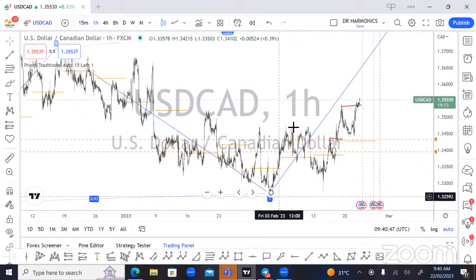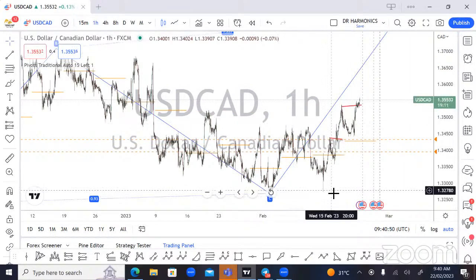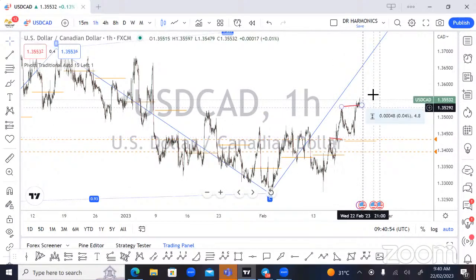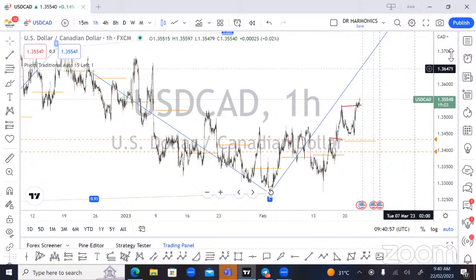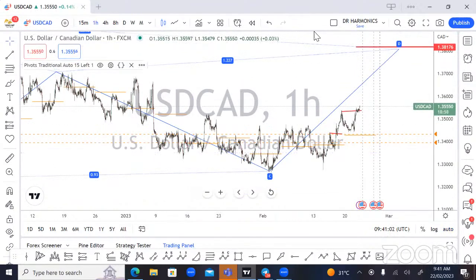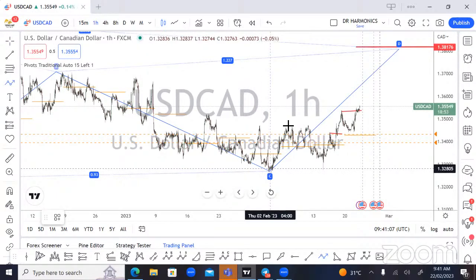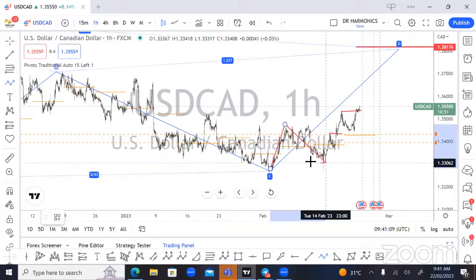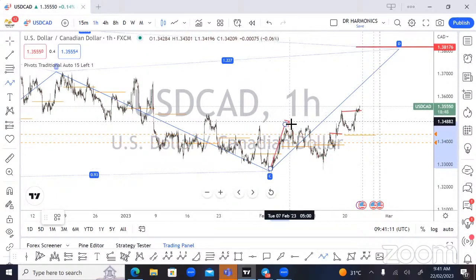Now remember, this one has already given us the swing structure. So all these ones will just be internal structures, until maybe we get another swing structure. Okay, so we might get another swing structure before it hits here. So this is the swing structure, yeah, which broke the previous internal structures.